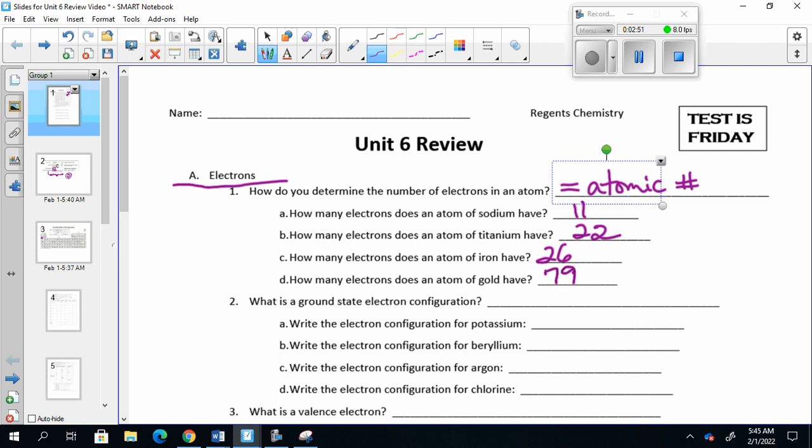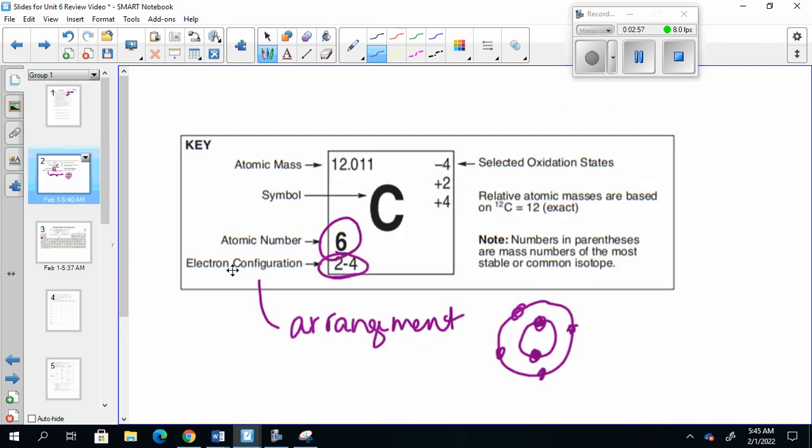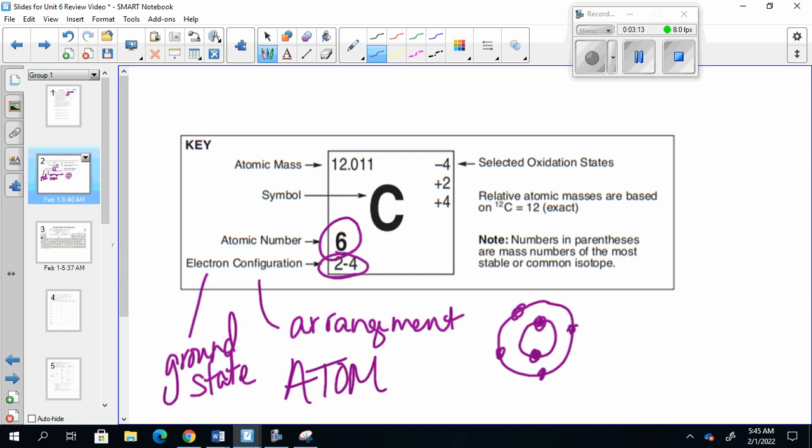What is the ground state electron configuration? Ground state is exactly what we saw here. That is my ground state electron configuration. Ground state means, what is it normally? Not excited, not as an ion, just what is your normal atom. So everything as listed on the periodic table is for an atom, not an excited atom, not an ion, just a regular ground state atom.